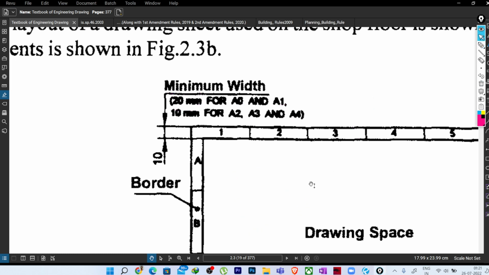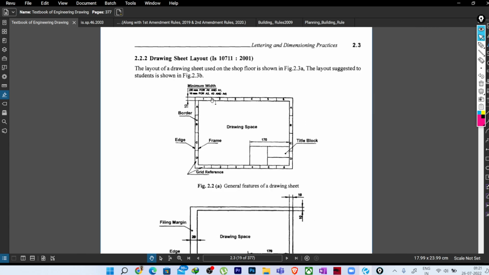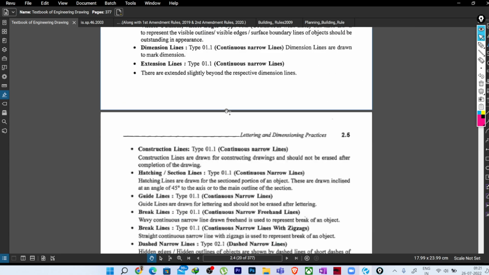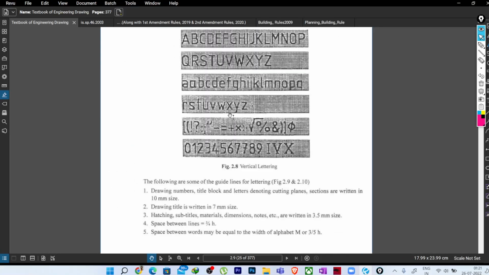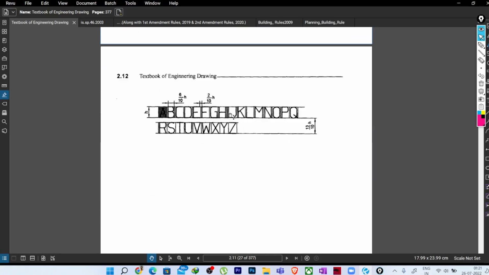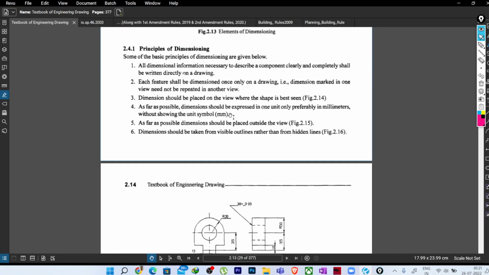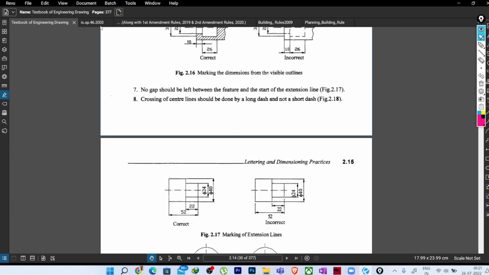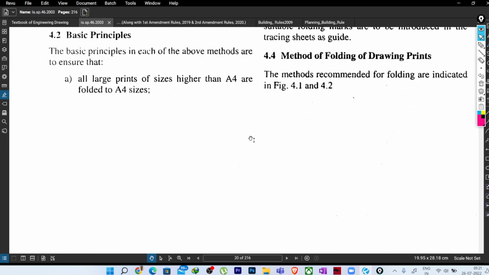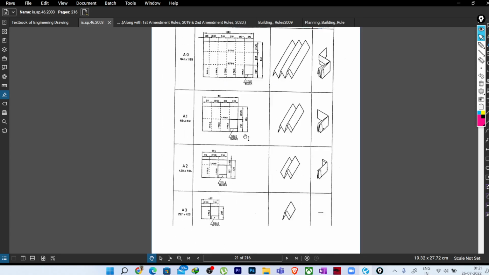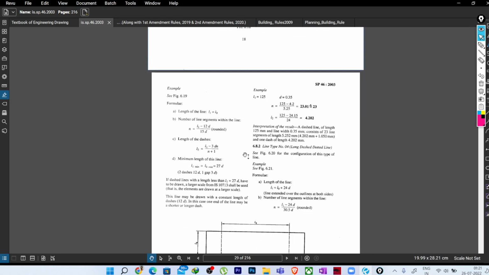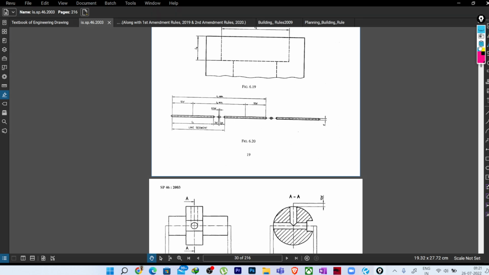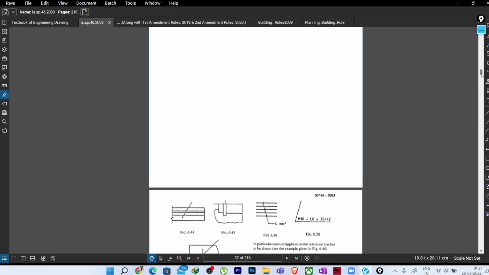Fine. So now I think I have covered most of the basics. Let me show you one title block which is available here. These are the texts. Now these are the actual drawings. Let me see if it is available in SP 46. Okay, I will show that later.